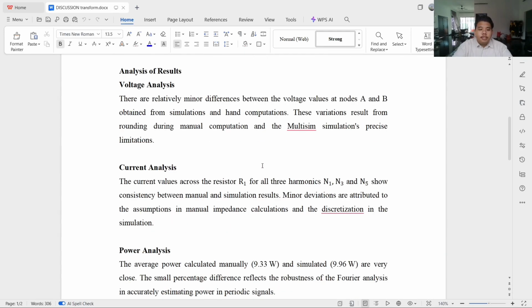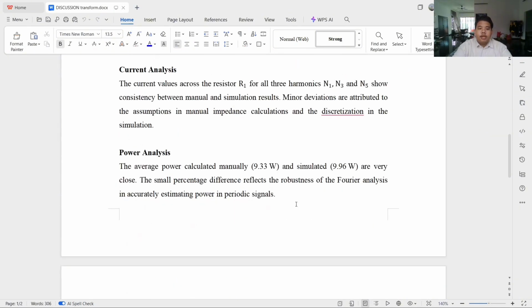Current analysis: the current value across the resistor R1 for all three harmonics N1, N3, and N5 shows consistency between manual and simulation results. Minor deviations are attributed to the assumptions in manual impedance calculation and the discretization in the simulation.